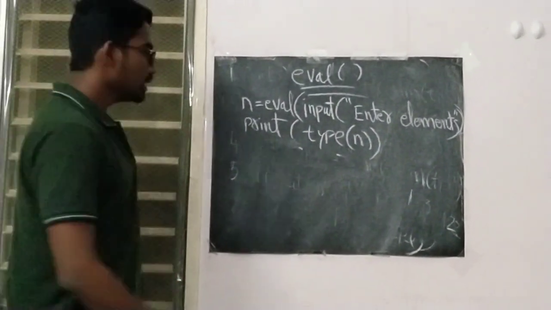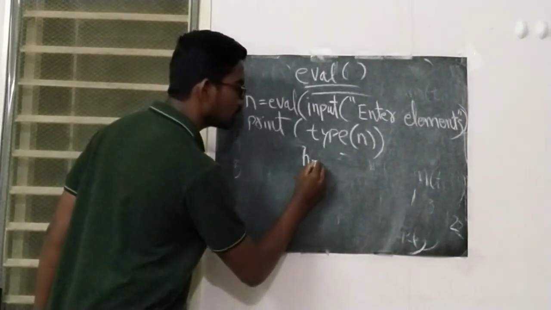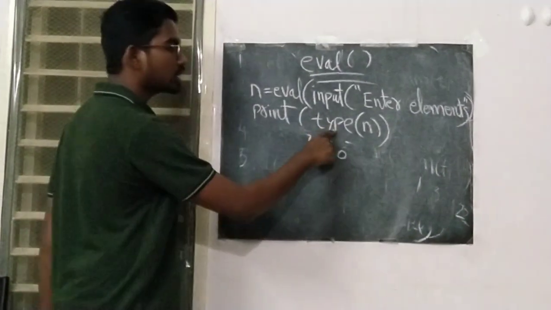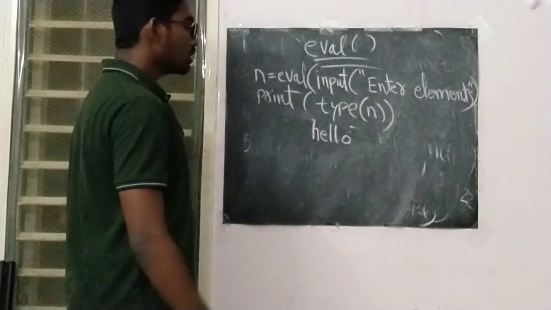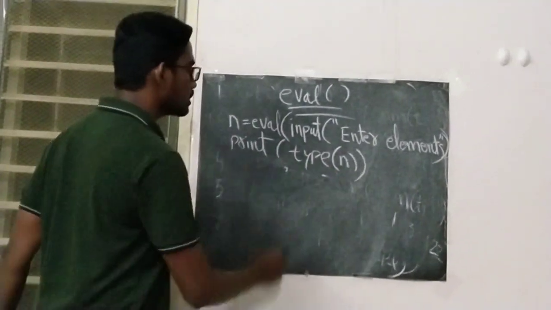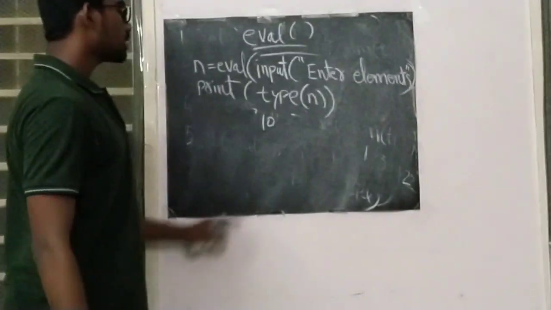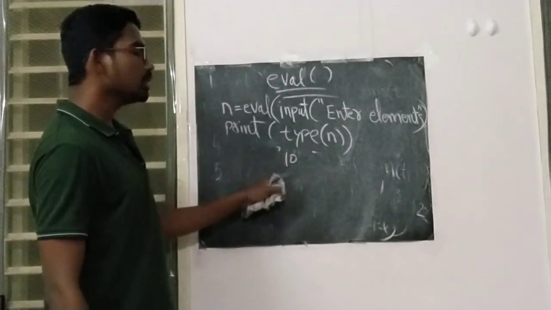If you enter any string, for example hello, then the type of n will be a string. If you enter a single number, that is 10, then the type of n will be integer.